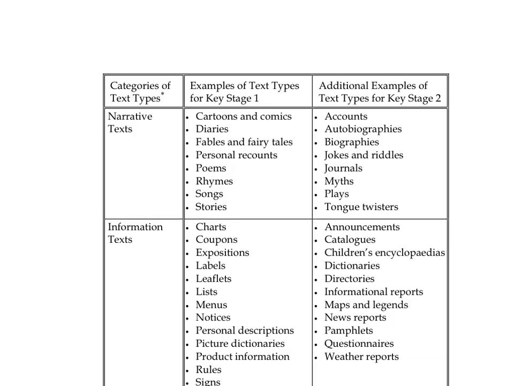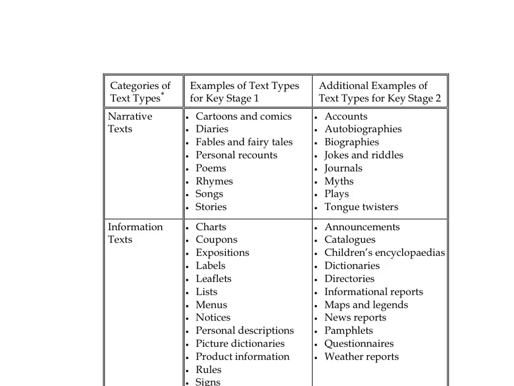In traditional textbooks, we have the so-called passages, but text types refers to the actual reading text that we encounter in real life, such as cartoons and comics, diaries, fables and fairy tales, personal recounts, poems, and so on. So these text types have different formats.